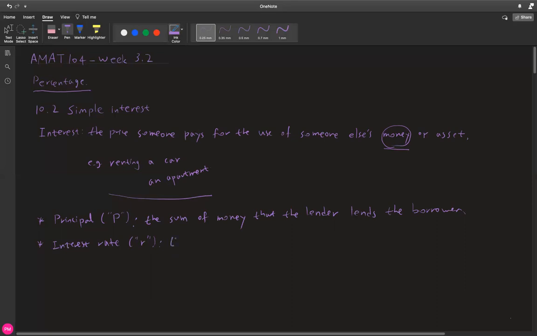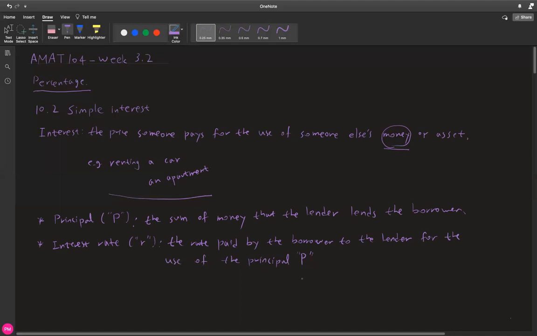The interest rate is the rate paid by the borrower to the lender for the use of the principal P. So however much money you borrow from the lender, the interest rate is the rate at which the borrower pays the lender.